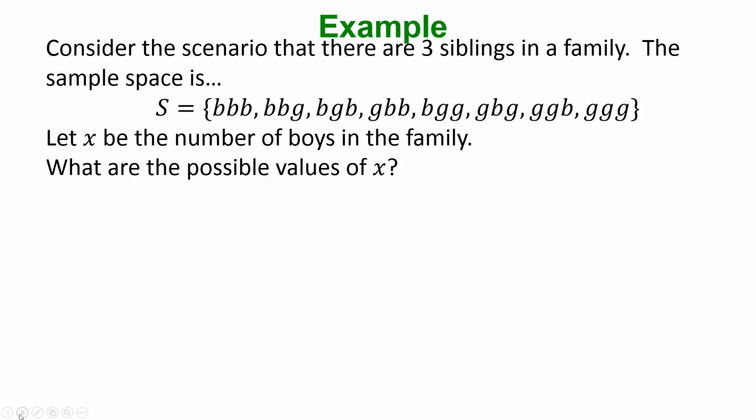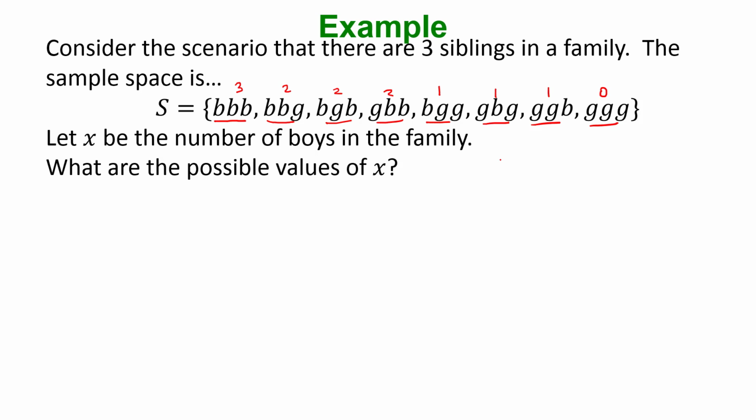So for example, in the first outcome of the sample space, what's the value of the random variable X? 3. There were 3 boys, right? In this outcome, there were 2 boys. In this one, there were 2. In this one, there were 2. In these, the random variable X would have a value of 1, 1, 1, and 0. So what are the possible values of the random variable X if it represents the number of boys in the family? 0, 1, 2, or 3.